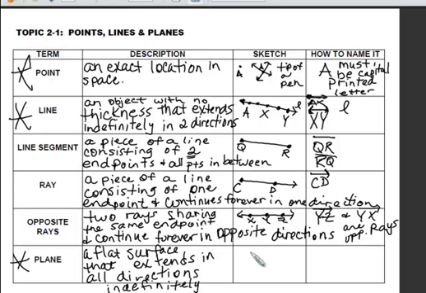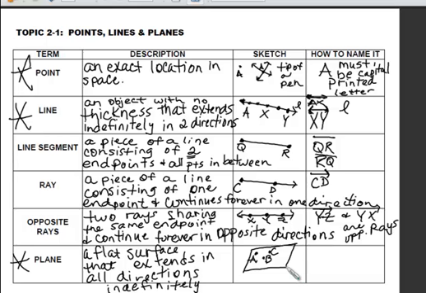When we draw this, we draw kind of a strange little parallelogram type thing. We make sure to have 3 points somewhere on there that are not all in the same line. You need to label them. I'll go with A, B, and C.